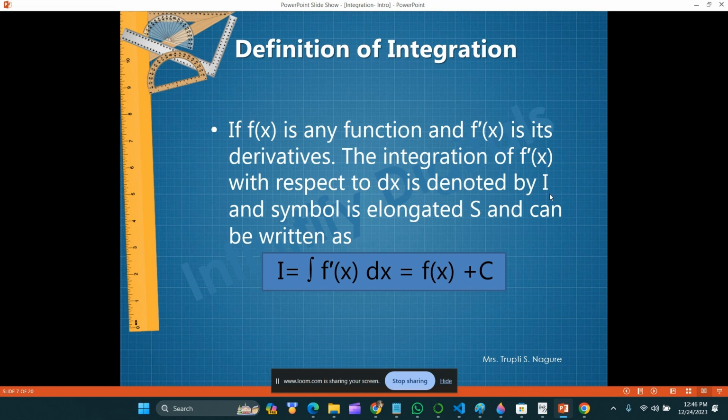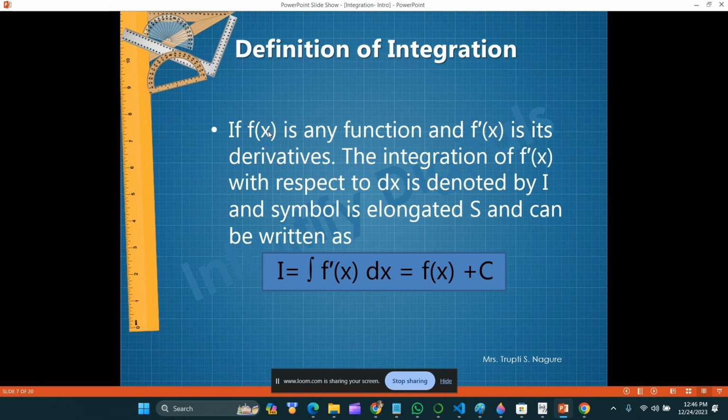Now we denote integration by this capital I, and the symbol is an elongated S, like an S but small and stretchable. This is called the sign of integration, and it can be written as I is equal to integration of f dash x dx.